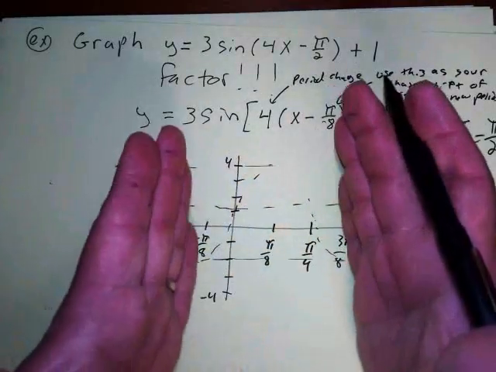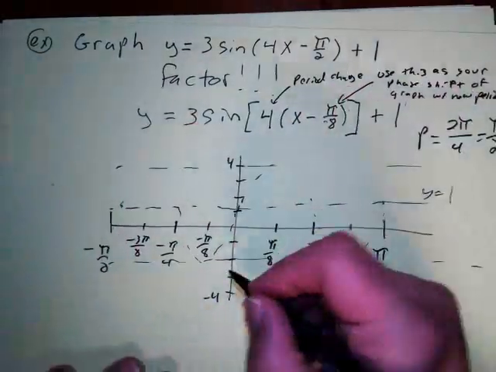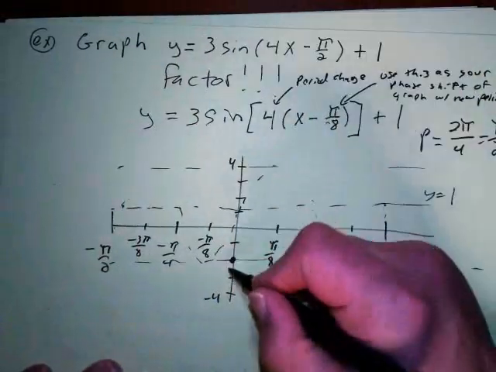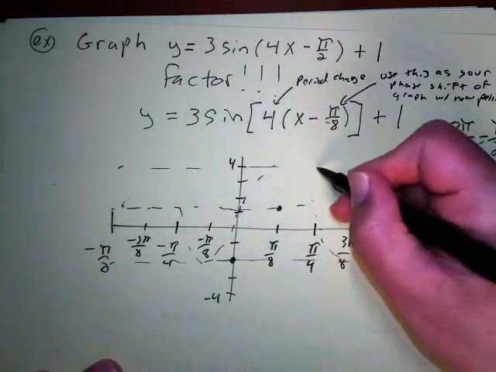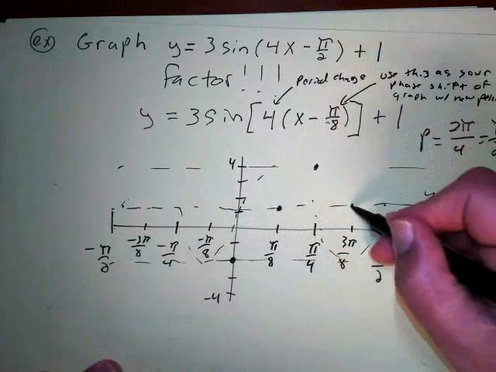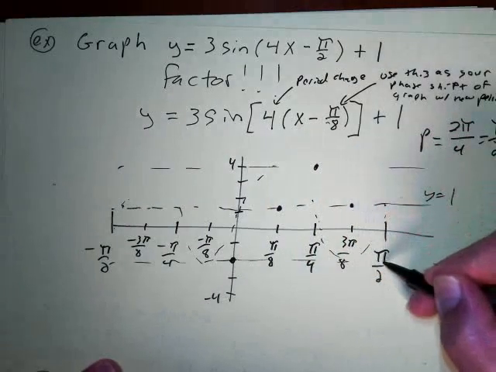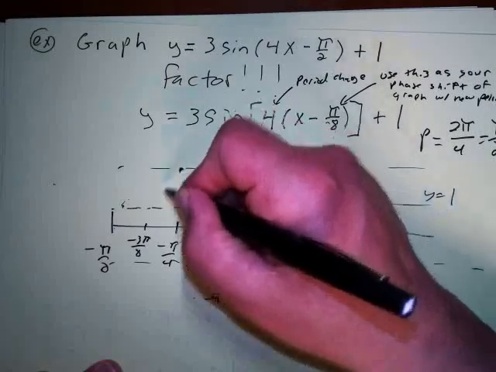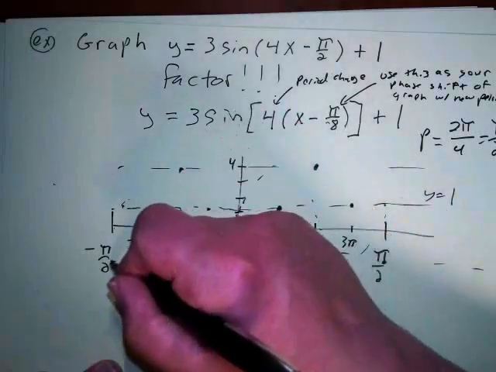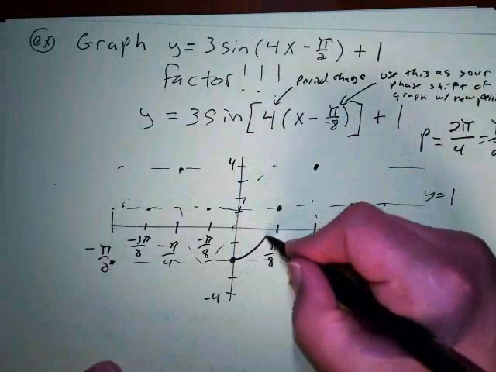Right? But this is going to move that over. So it's going to start down here, and then it's going to go up here, and then up to this, down here, and then down to this. Okay? Then this, this, this, and this. So it'll be like this.